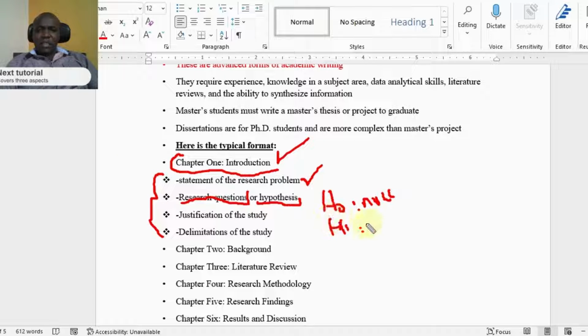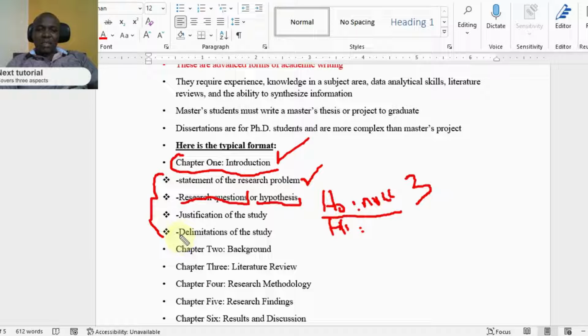You only need to prove H1, a hypothesis which asserts that, for instance, if proof is here, it will not cause. That's why you concentrate on it.